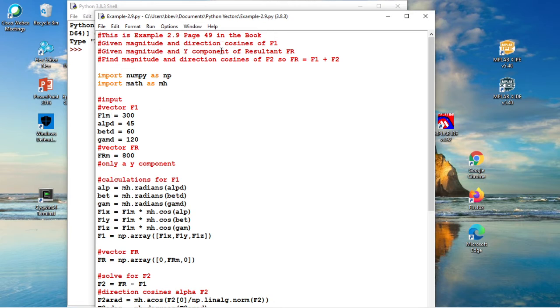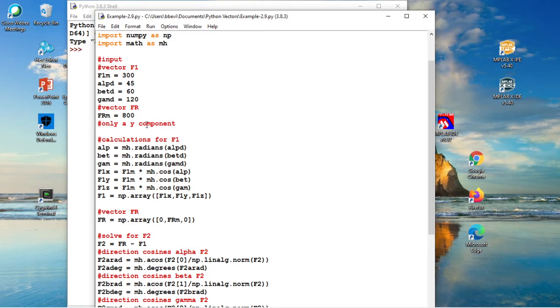Looking at the drawing of the figure for this problem, we see that the magnitude of f1 is 300, and we figure the angles, the direction cosines, and I put a d here to signify that these are in degrees. For the resultant vector fr, we're given 800, and it's along the y axis.